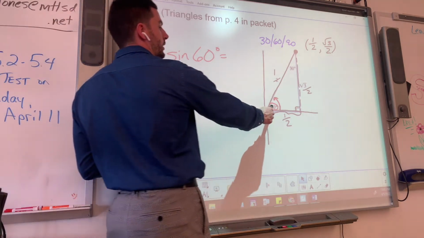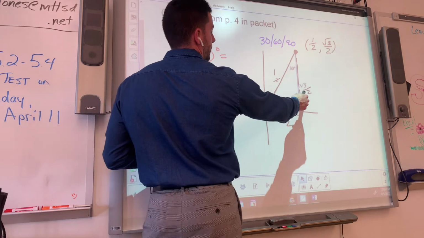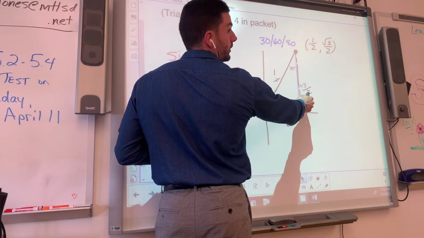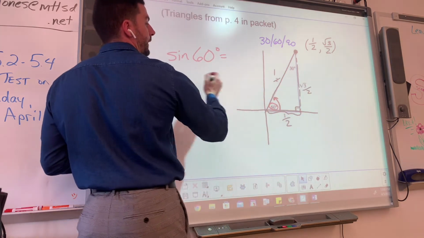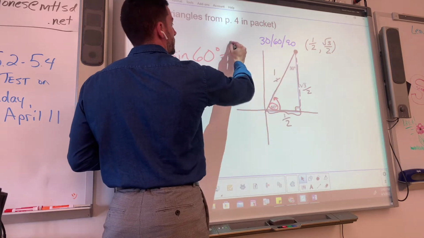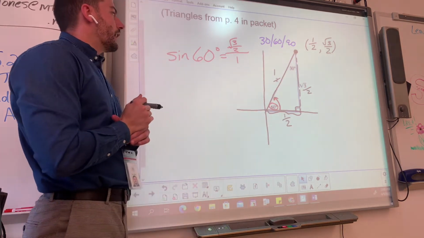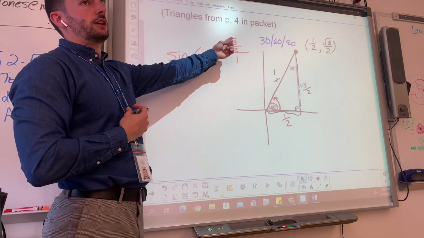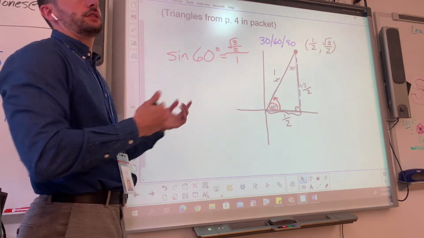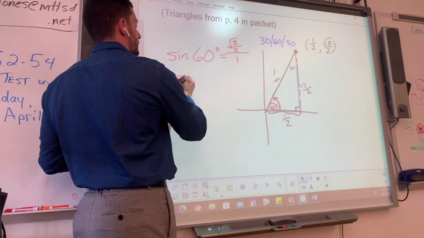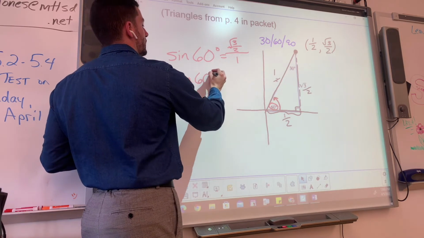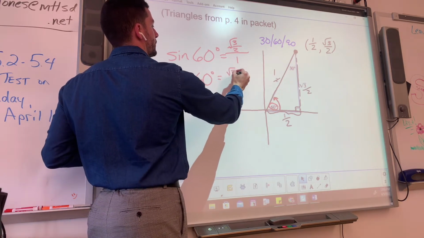From the 60-degree angle, my opposite side would be square root of 3 over 2, and my hypotenuse is 1. Anything over 1 is just itself, so we could say sine of 60 equals square root of 3 over 2.